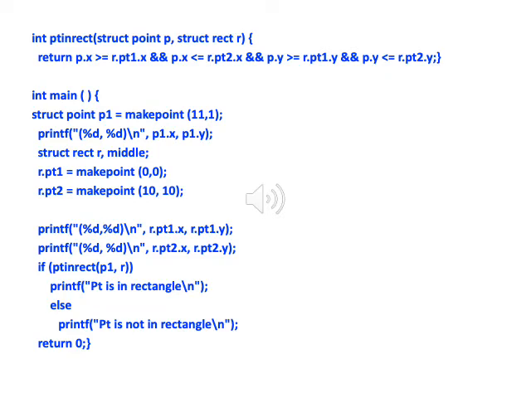So I would advise you to pick certain values of pt1 and pt2. Maybe pt1 you can pick as 1, 1, and pt2 you can pick as 10, 10, and just draw that with x and y axis values, and then for different values of p, try to see whether the point is within the rectangle or not. You can do a case in which it's within the rectangle, you can look at a case in which it is outside the rectangle, and you see what the final value of this long expression will come out to be.